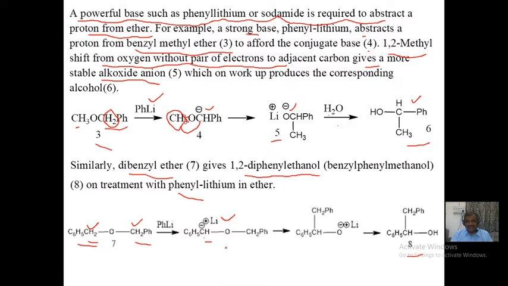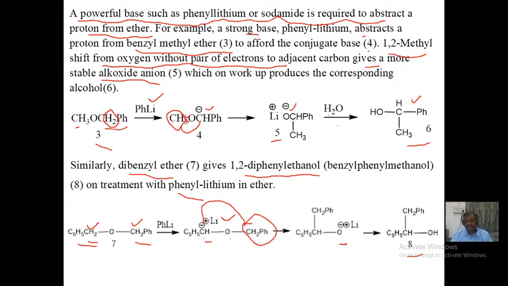Now this is a minus charge, therefore this group, friends, migrates onto this carbon without a pair of electrons, and it is easy for you to understand that with Ph I have migrated and the electron remains with oxygen.